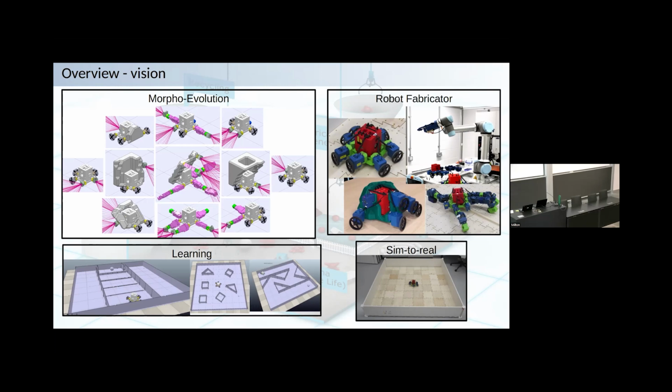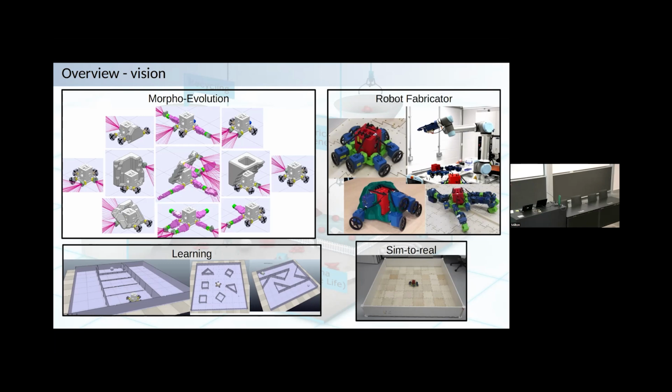So how do we do the morphoevolution? I talk about morphoevolution when we use an evolutionary algorithm to optimize the design or the body plan of the robot. And you can have a lot of weird looking robots from this and sometimes some useful ones. The robot fabricator: how did we automate the construction of robots?